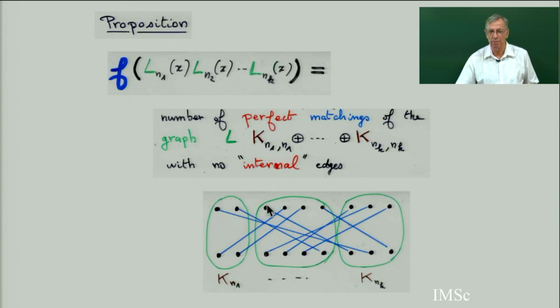And then in the sum, any vertex at the top level in one of these bipartite graphs can be connected to another vertex below in one of these blocks. Internal edges mean you are inside one of these blocks, and f of this is the total number of perfect matchings with no internal edges.